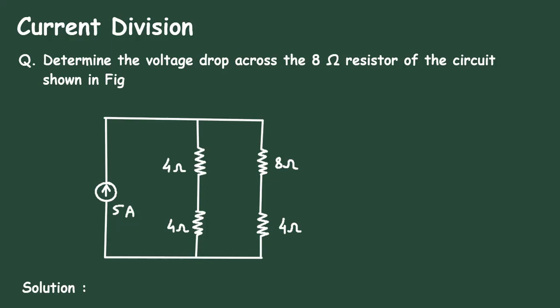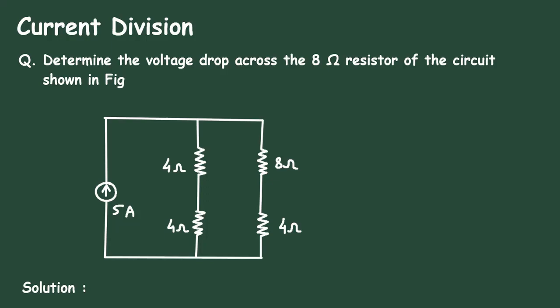So therefore I2 is equal to 10 divided by 5 plus 1.45. It is 1.55.